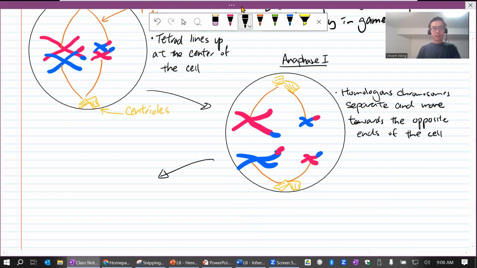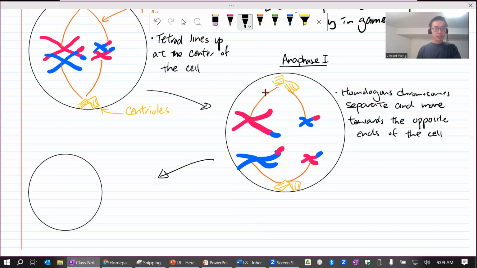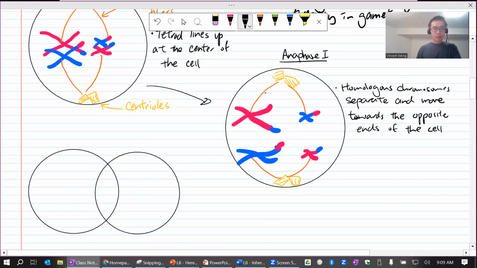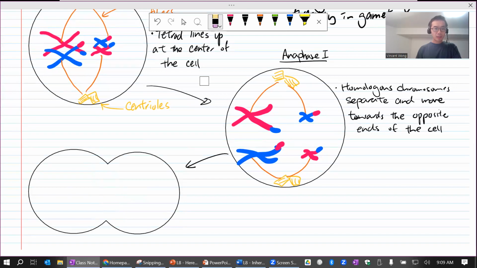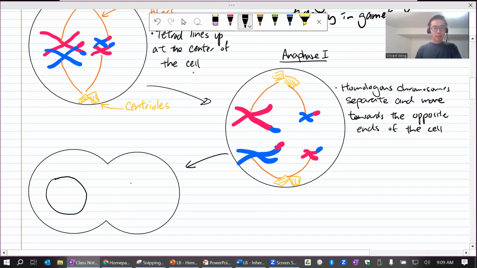And then finally, we are going to have our cytokinesis and the telophase.